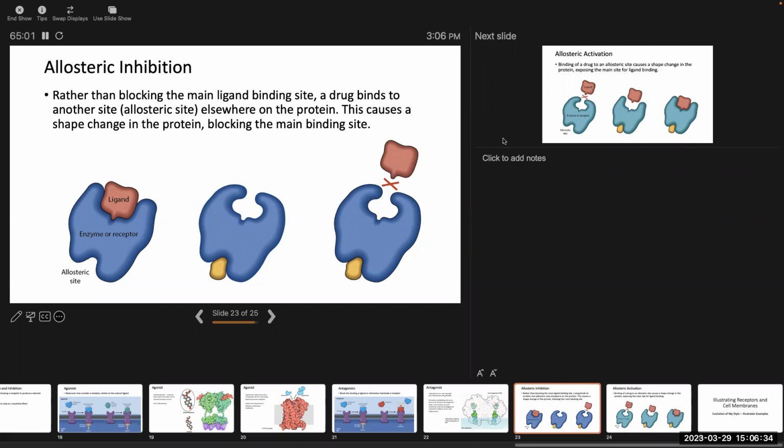So here's a real simple schematic showing an enzyme in blue. And you see the endogenous ligand, the ligand that would normally bind to that enzyme or to that receptor and trigger some response. But there's another site somewhere on that enzyme, which is an allosteric site. And you see in the middle panel, what's happened is that you've got some other molecule, could be a drug, that's bound to that allosteric site, and it causes a change in shape to the enzyme or the receptor so that the endogenous ligand doesn't fit anymore.